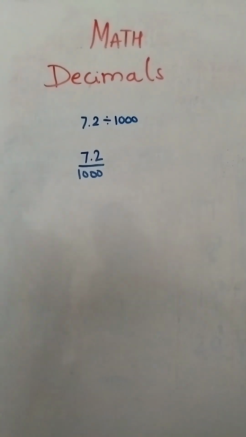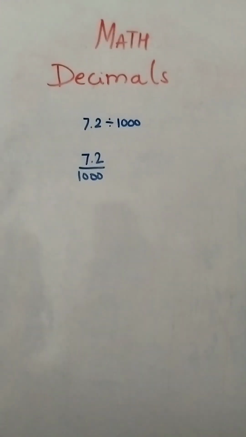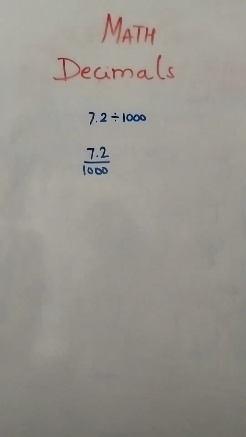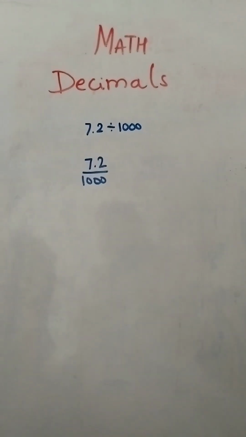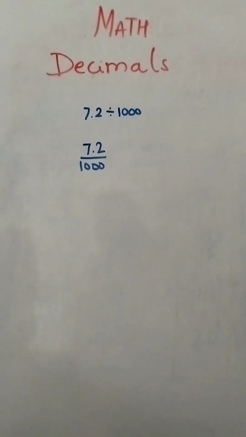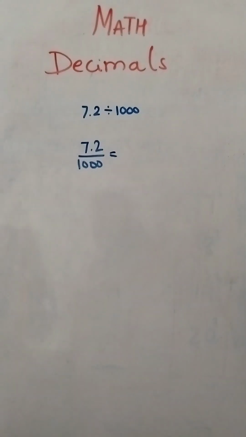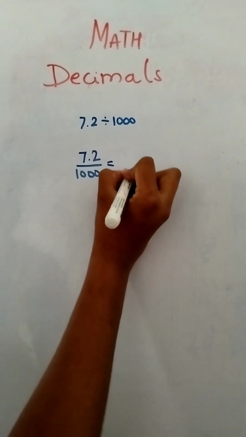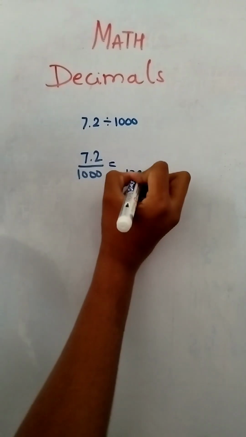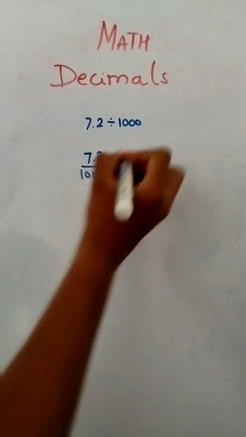And what we have to do, as I told you earlier, is for every single division by 10, we have to pull the decimal point towards the left by 1. A simpler way to understand this is to write 1000 as 10 into 10 into 10, which means it's 10 cube.